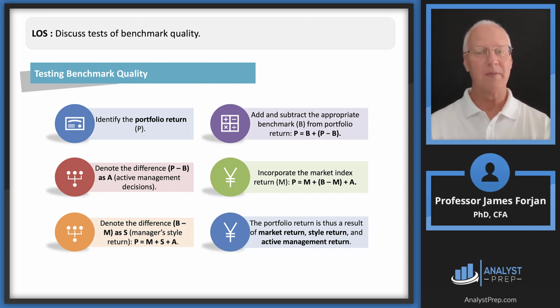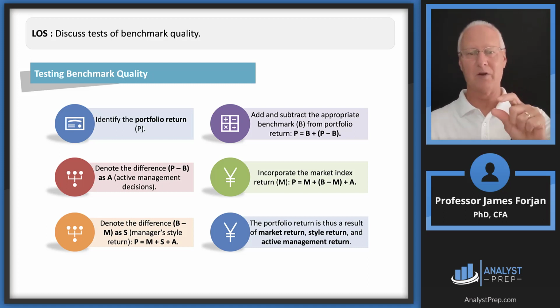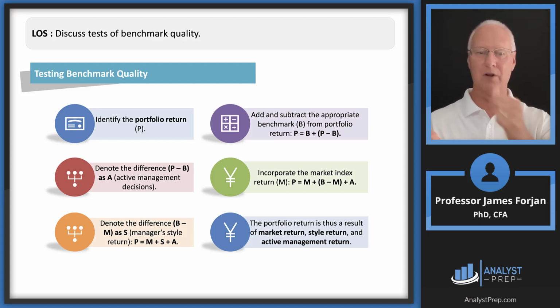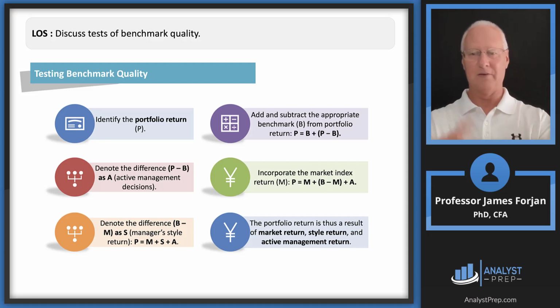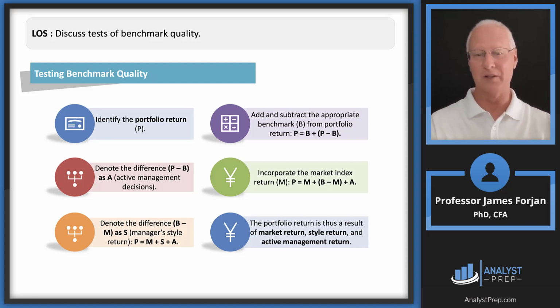And then we're going to do the same thing with the market index. Over in the green, we're going to add the market index return, M, and we're going to subtract it, and put parentheses around it, and note B minus M. So what is that? The benchmark return minus the market return. Let's note that as S, and let's call that management style. So we can do the little math. This is not even algebra. This is just adding and subtracting from kindergarten.